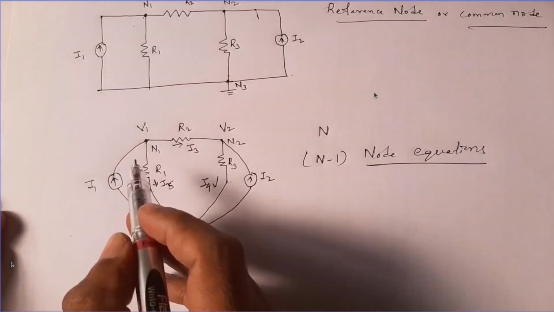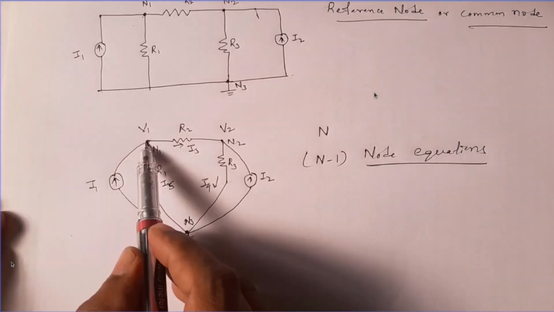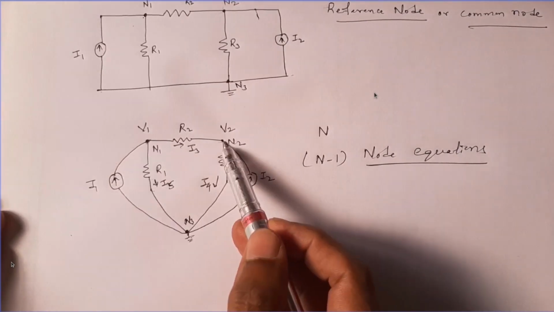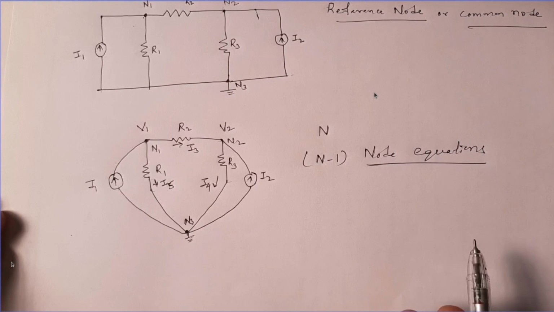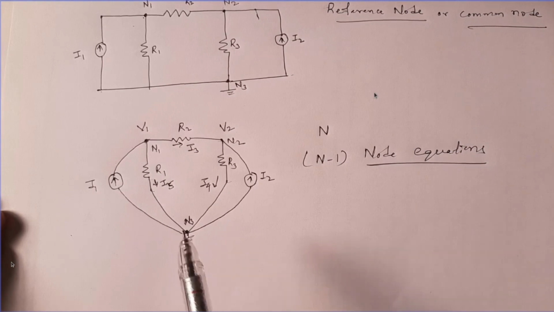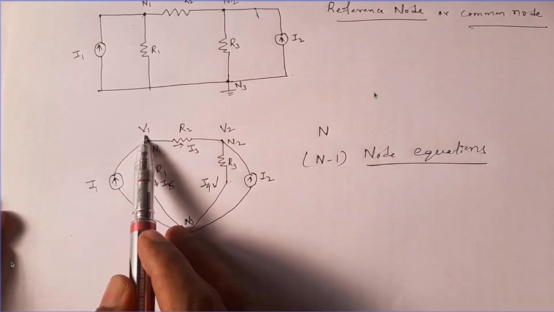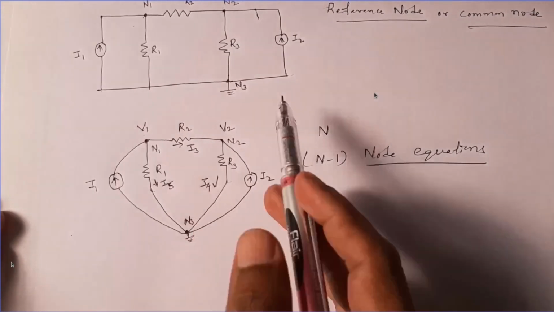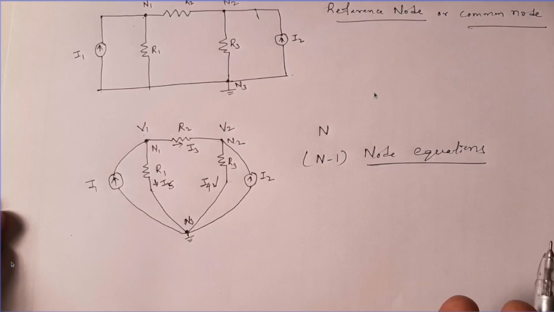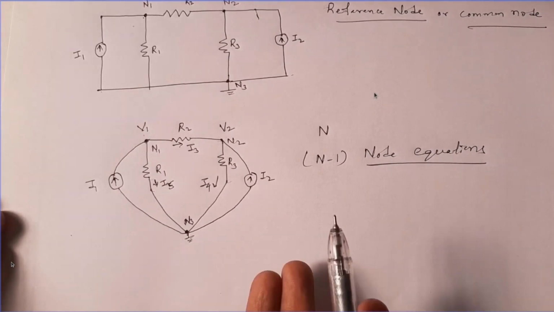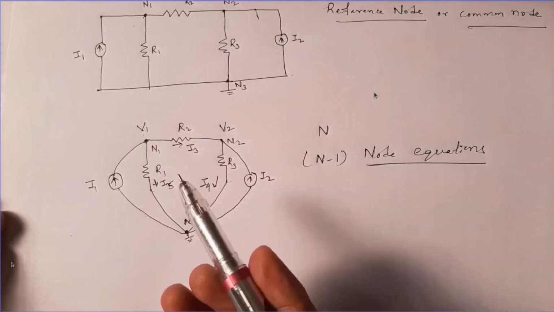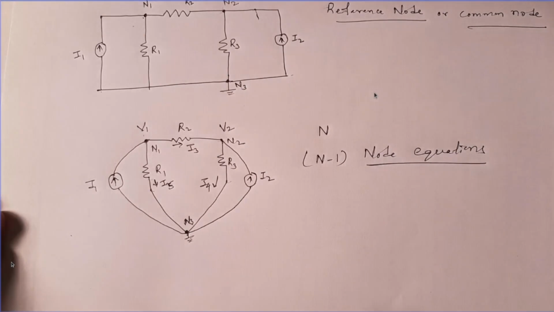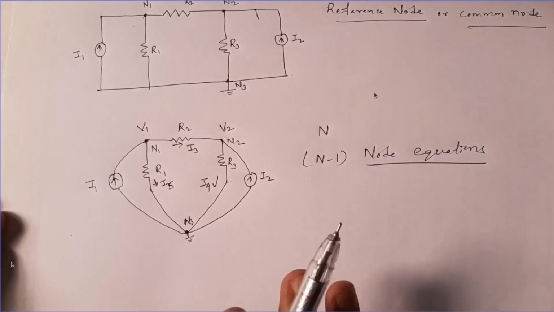Later we'll apply KCL to node N1 and later KCL to node N2, and so we'll solve two node equations to obtain node voltages V1 and V2. Once we obtain node voltages V1 and V2, in this network we can calculate even branch currents, or the voltage across any resistor, very easily. Hope this is clear to all of you.